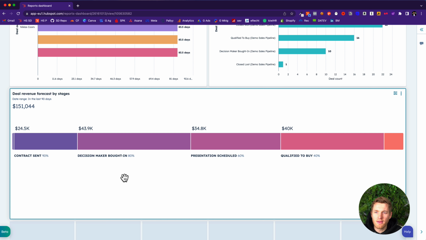And same as with all the previous reports, this can also influence some of your decisions. If you see, okay, a lot of the deal revenue forecast is maybe stuck in presentation scheduled or so, you can look at some of the other graphs and think about, okay, how do we make this move faster, pipeline velocity, into some of the later stages? So decision maker buy-in, contract sent, and then closing it out.